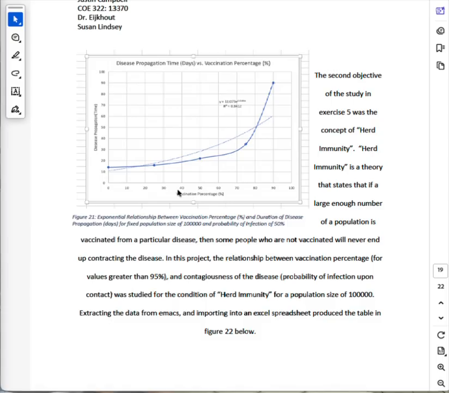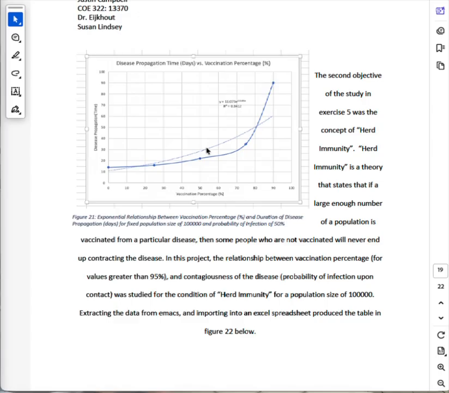The graph also shows that an inflection point or critical threshold exists right around a vaccination percentage of 65%. After this point, the disease propagation is greatly slowed, so this would be considered a target vaccination rate of sorts by health authorities to mitigate the spread of an infection should this model a real-world scenario.